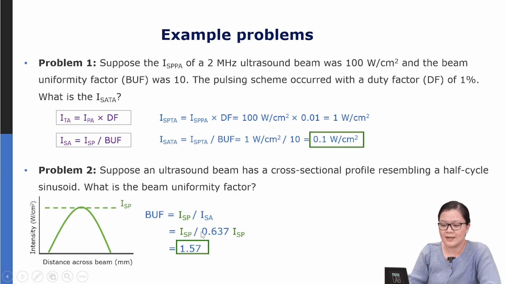The nice thing about this equation is that you won't need to know the exact value of the ISP, because ISP will cancel out in the numerator and the denominator. So what's left is 1 over 0.637. And when you compute that, you get a beam uniformity factor of 1.57. So this is your answer.